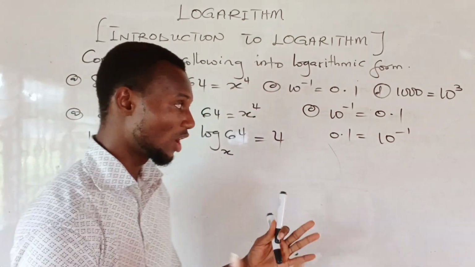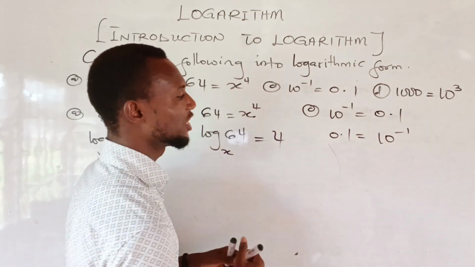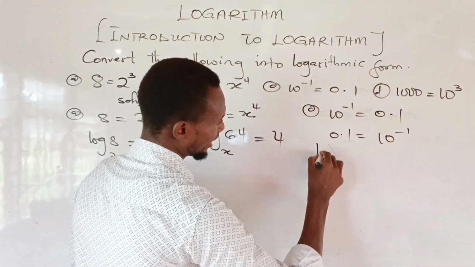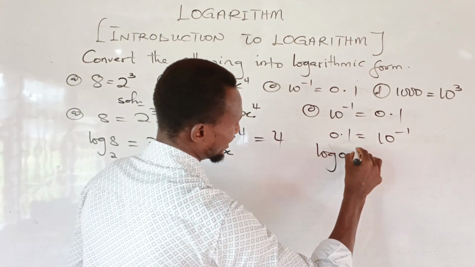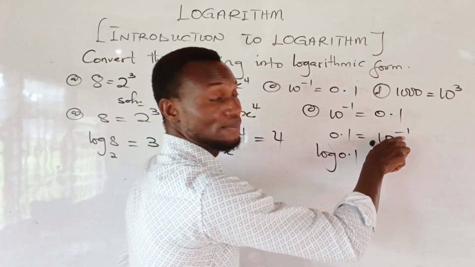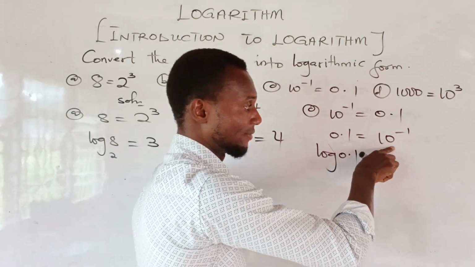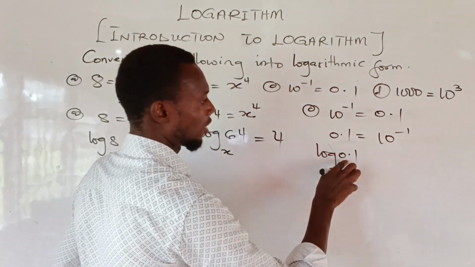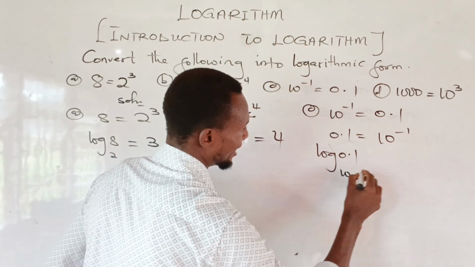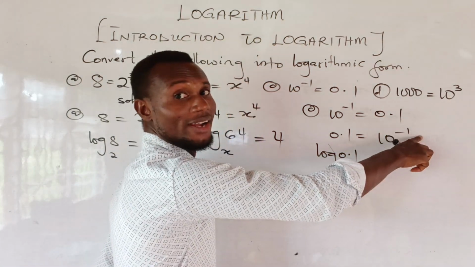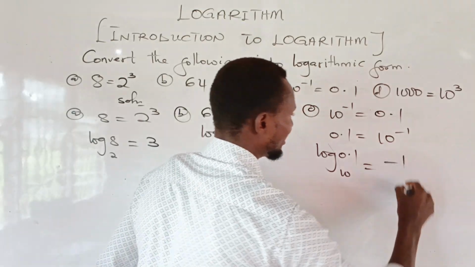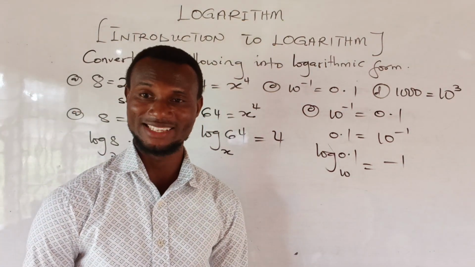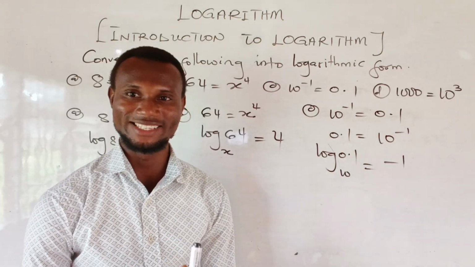We take the log of 0.1, then this 10 becomes a base to 0.1. So log of 0.1 to the base 10 should be equal to the power. The power is negative 1. Then you bring your negative 1 and you are done. As simple as that. I hope you understand.